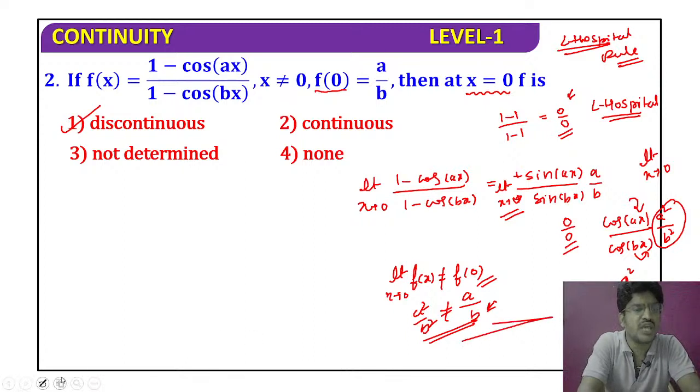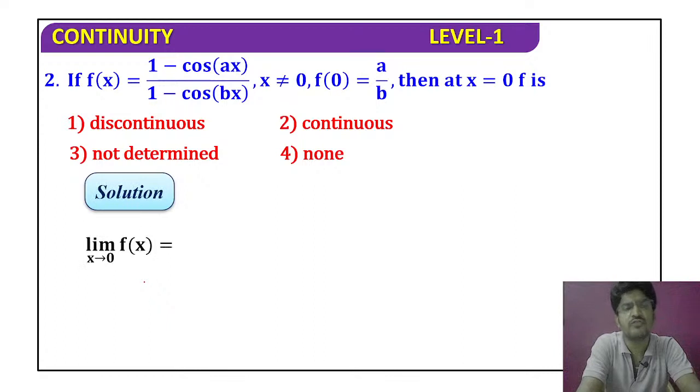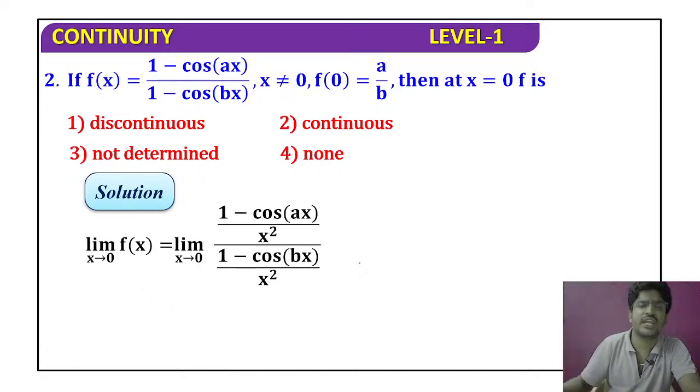And we can also see another way of solving this problem. This was with L'Hospital rule, and you can go with another way, that is you just divide numerator and denominator by x square. And now use the formulas for limit x tending to 0, 1 minus cos of ax divided by x square, and limit x tending to 0, 1 minus cos of bx divided by x square.